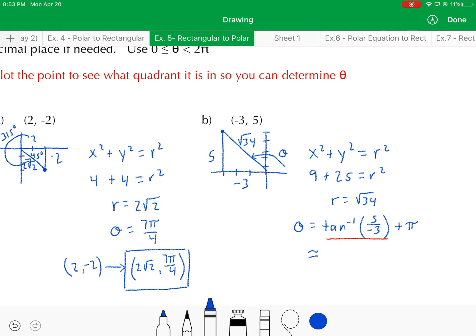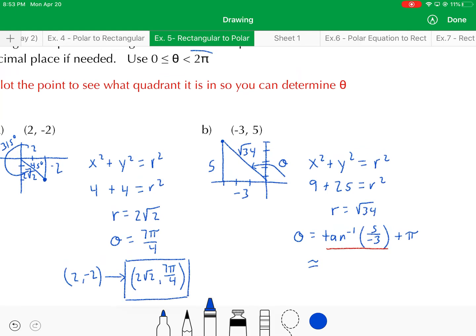If you were to find inverse tangent, make sure you're in radian mode. Inverse tangent of negative 5/3 is negative 1.030. Now that in itself clearly can't be our value for theta because of the directions that theta is supposed to be between 0 and 2 pi. But the bigger issue is not that it's negative, but it's in the wrong quadrant.